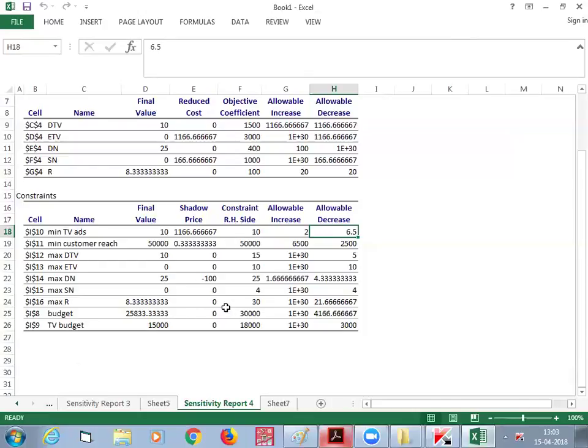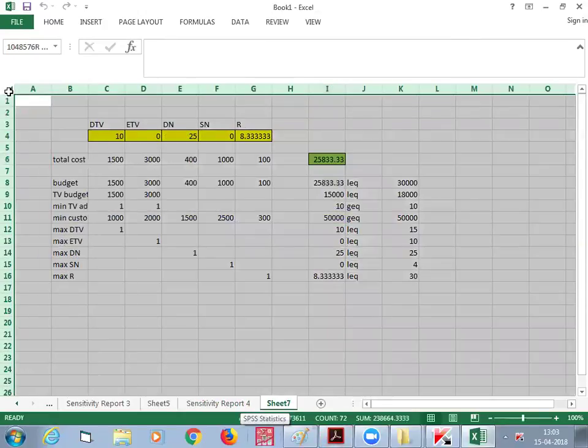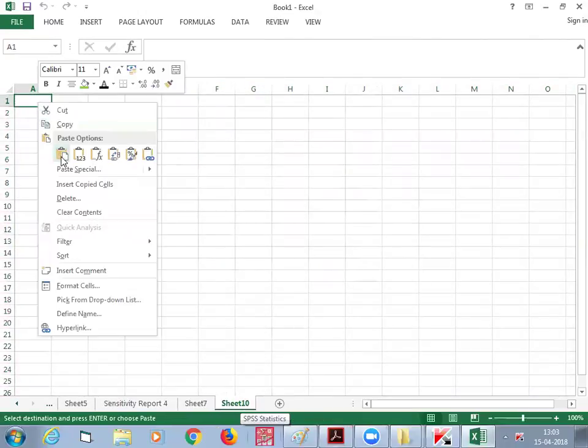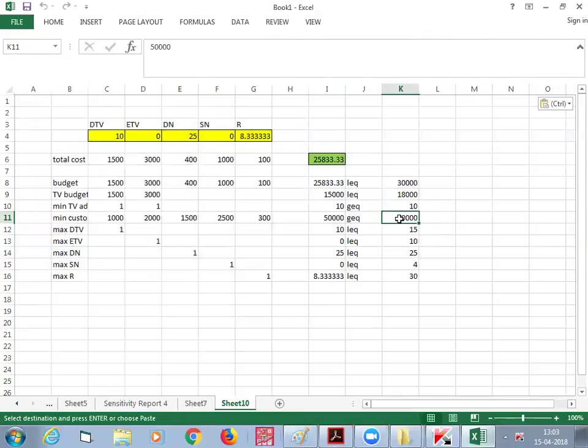But of course, to be fair, let's see what happens when we want to reach 61,500 customers. That was the customer reach there. So let's modify this problem once again. To be fair, we want to see how much is required for 61,500 here.